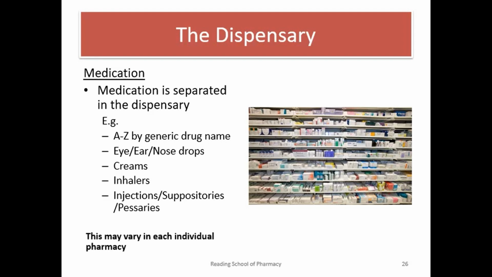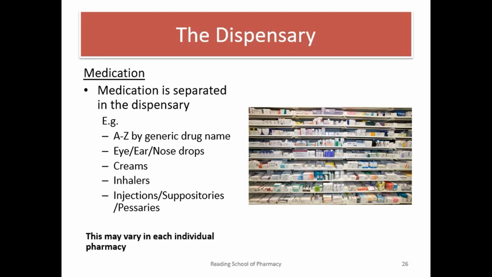Equally, you can have all of the rest of these either embedded within the A to Z or have separate sections. But sometimes things like creams, inhalers, injections, suppositories and pessaries, etc., liquids will all have their own individual sections, because it makes it easier to just go to the right section and pick the right drug.